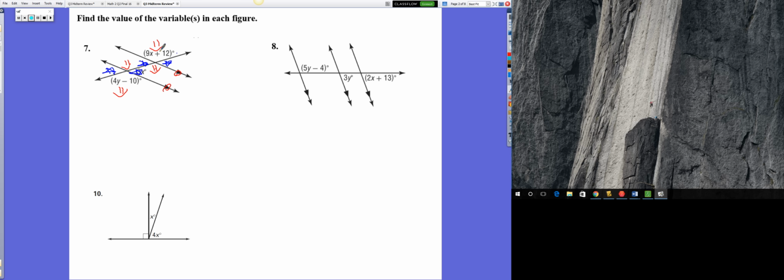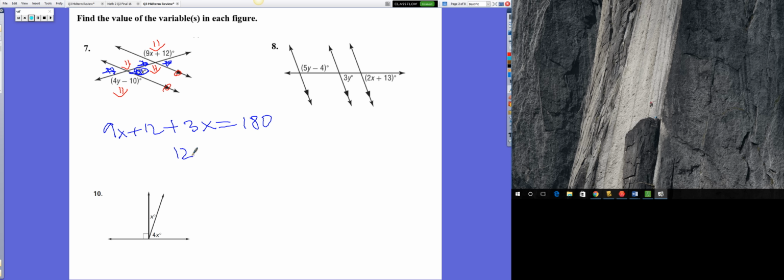So this 9x plus 12 and this 3x, one is a smiley and one is a star. So they're not congruent, but they will add together and give you 180. So this much add this much will total to be 180.